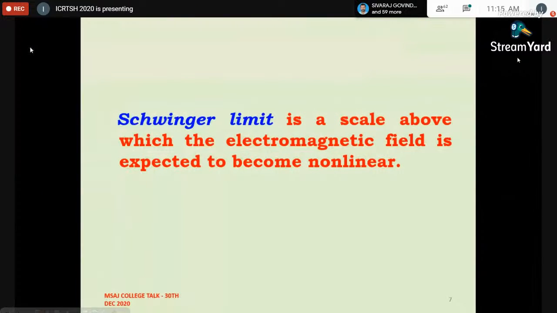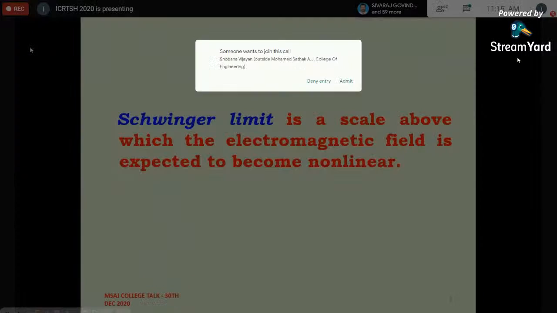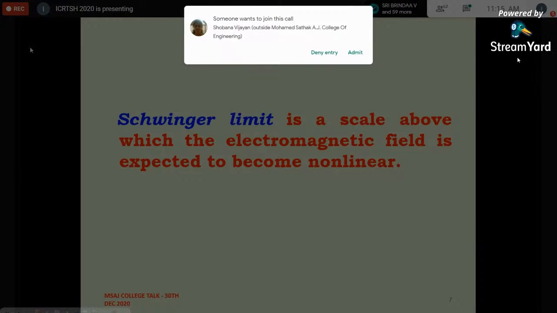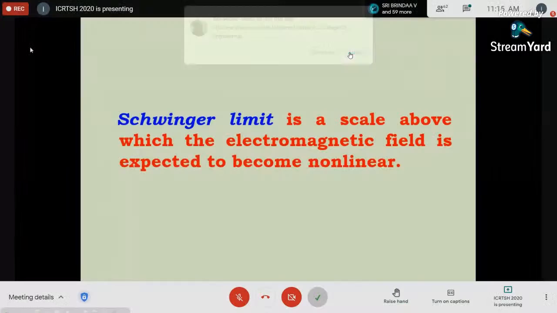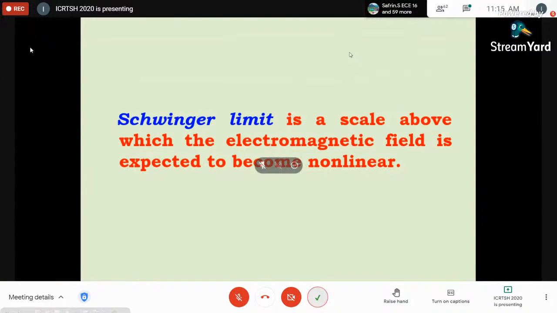Generally, we use two types of NLO applications. We have higher order, but generally second order and third order. For second order, the Kurtz-Perry technique, and for third order we use Z-scan. But in some rare cases, we have one crystal that we are also going to discuss.